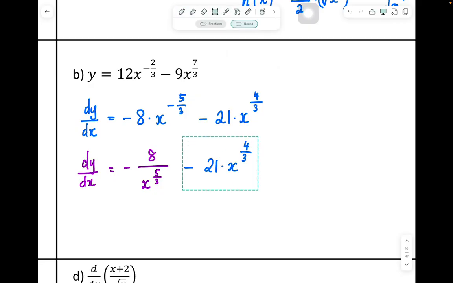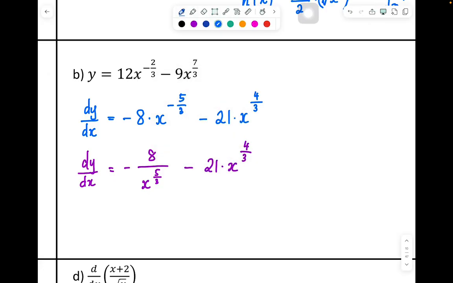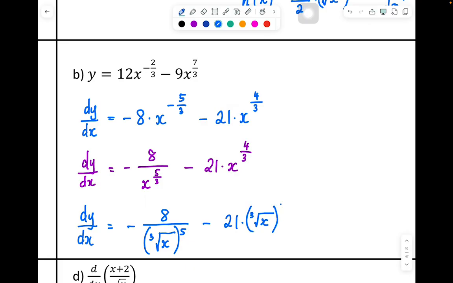Last, I'm going to change this back into surd form, just in case you ever need to evaluate it by substituting in a number. But this form here is acceptable.